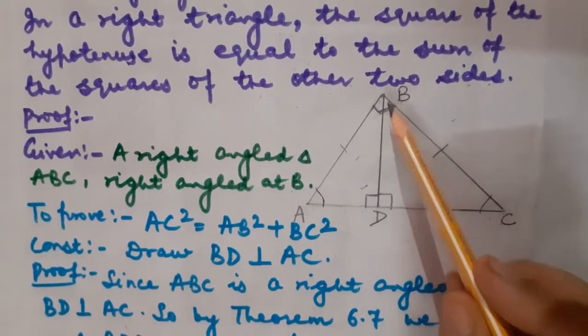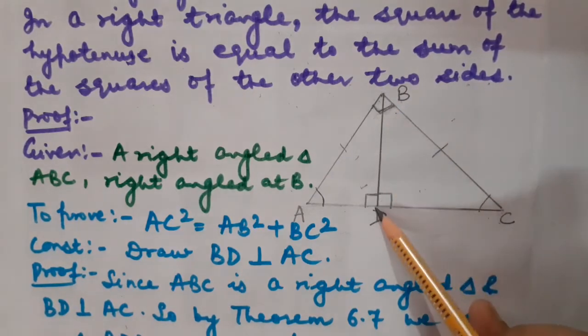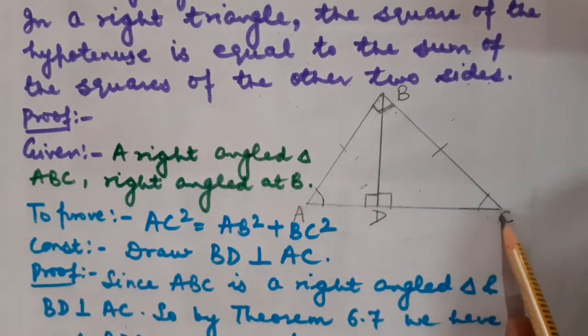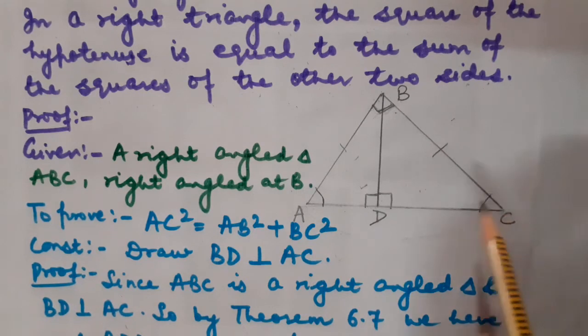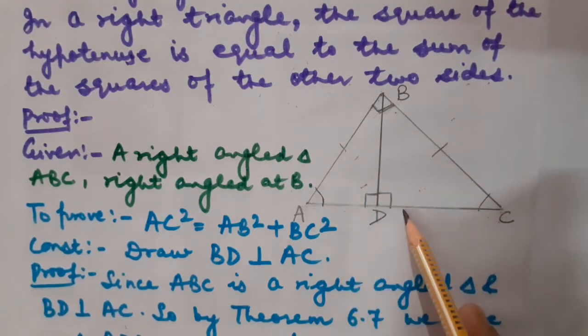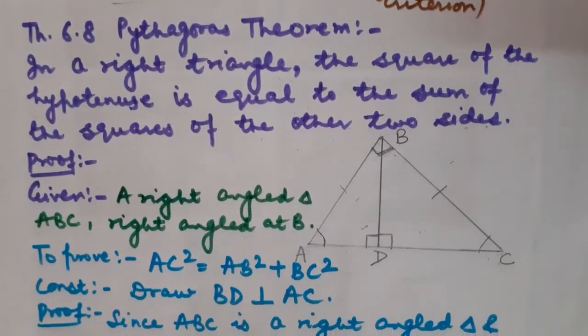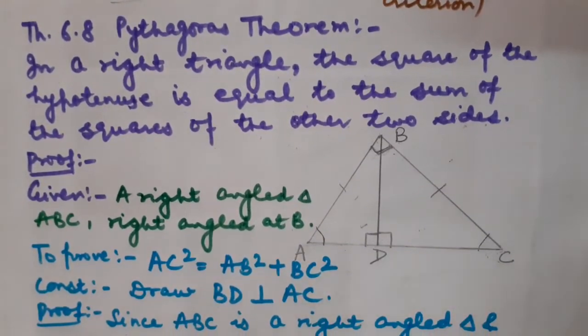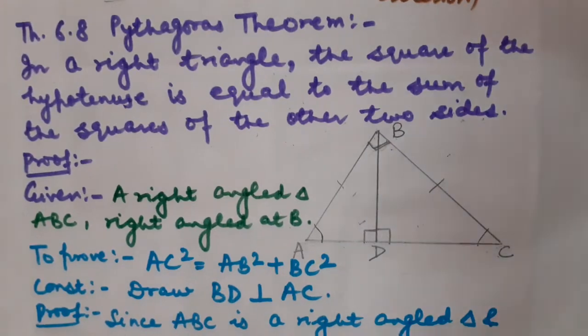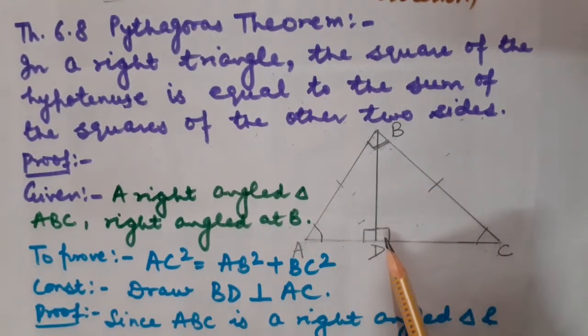So from B I have drawn one perpendicular on side AC. Clear? Basically to prove this theorem 6.8, I made you understand theorem 6.7. So let us recall the statement of theorem 6.7 first, so that we can better recall this theorem.